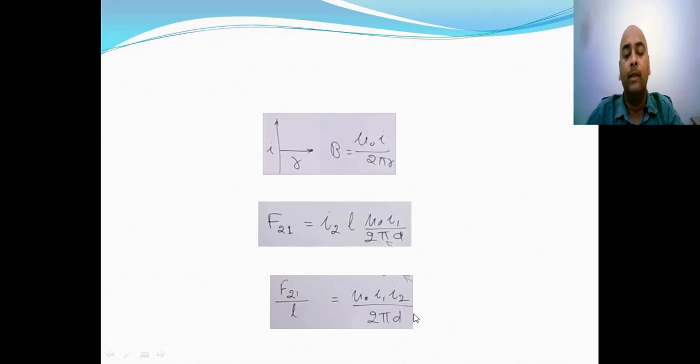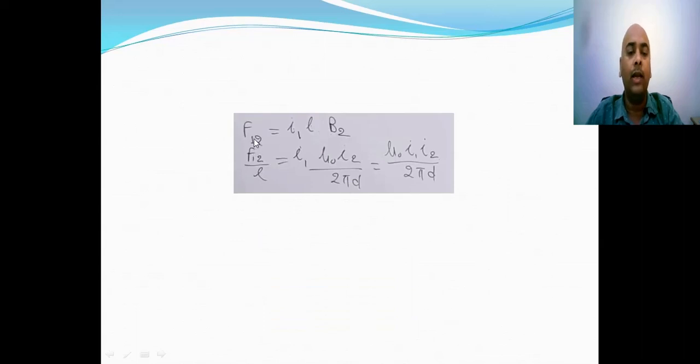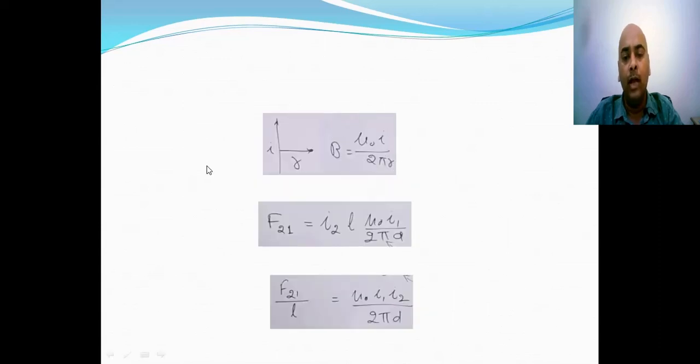Similarly, the force on conductor 1 due to current flowing in conductor 2 is given by the current in conductor 1, which is I1 L, and the magnetic field produced by conductor 2, which is B2, and again we know that B2 is equal to mu naught I2 upon 2 pi d.